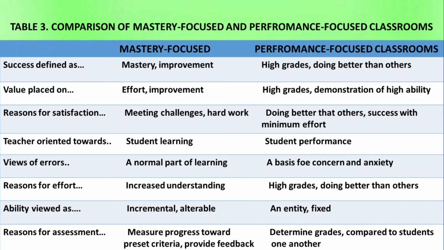Views of errors: a normal part of learning, a basis for concern and anxiety. Reasons for effort: increased understanding, high grades, doing better than others. Ability viewed as incremental, alterable, or an entity, fixed. Reason for assessment: measures progress toward preset criteria, provides feedback, determines grades compared to other students.